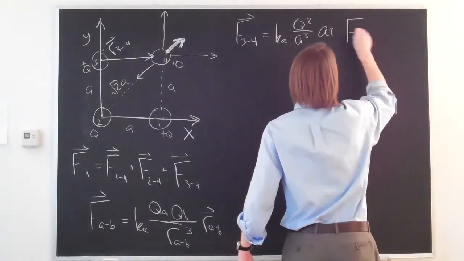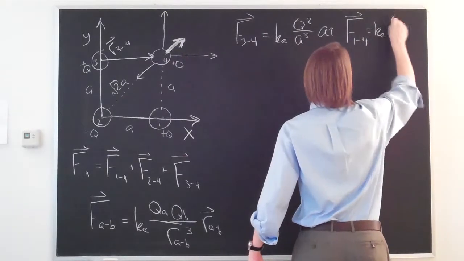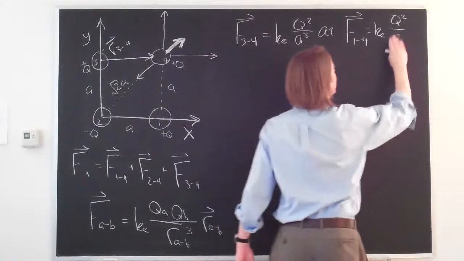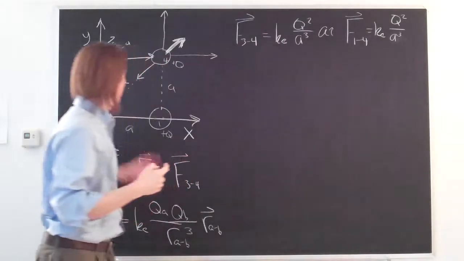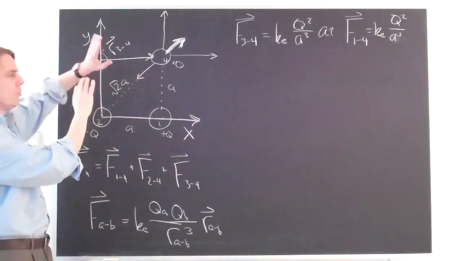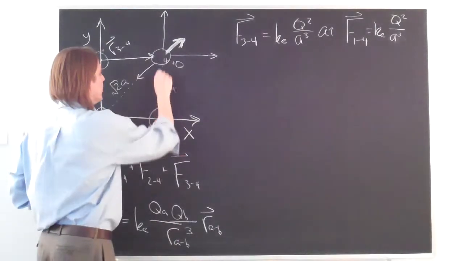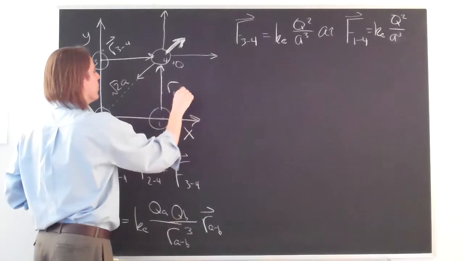We can also do F1-4, which is Ke Q squared over A cubed, times R 1 to 4. Before, we thought about repulsion and pointing up, but we don't have to do that at all. We just say it's R 1 to 4.